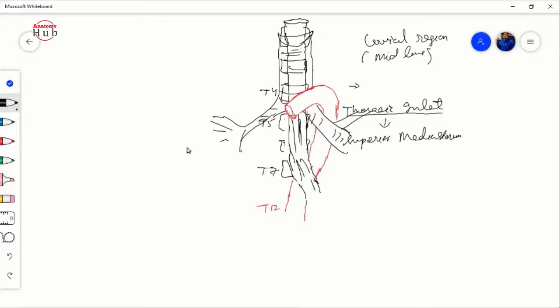No, sir, the descending aorta is crossing the esophagus posteriorly and going towards the midline. Okay, Vinayak, what is the level of thoracic vertebra at which the descending aorta is crossing the esophagus posteriorly? T7, T8. Okay, sir.